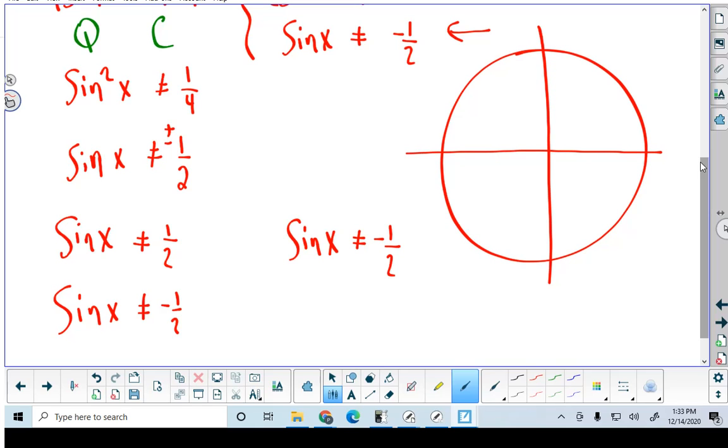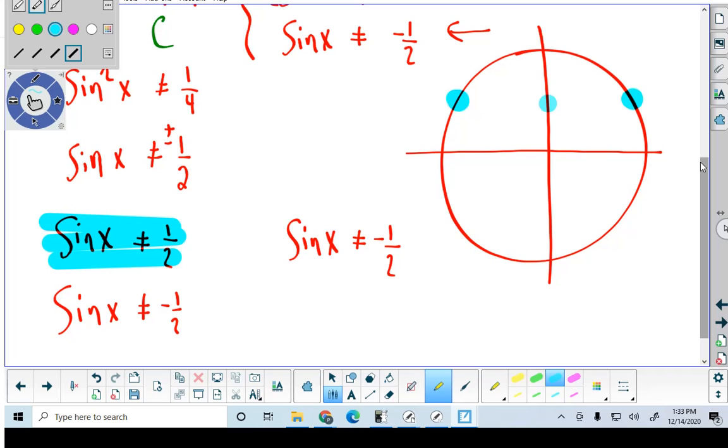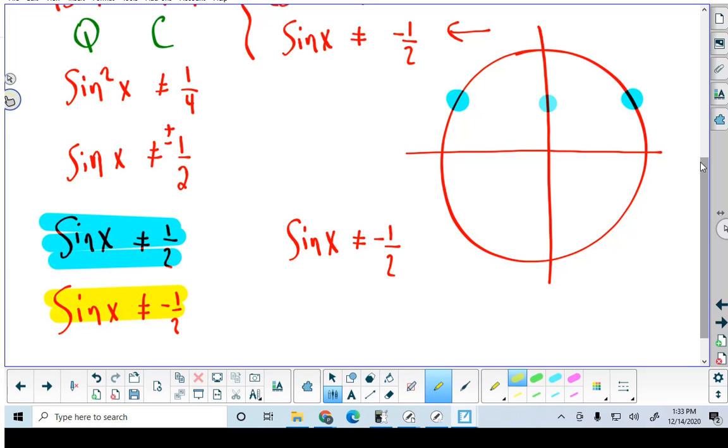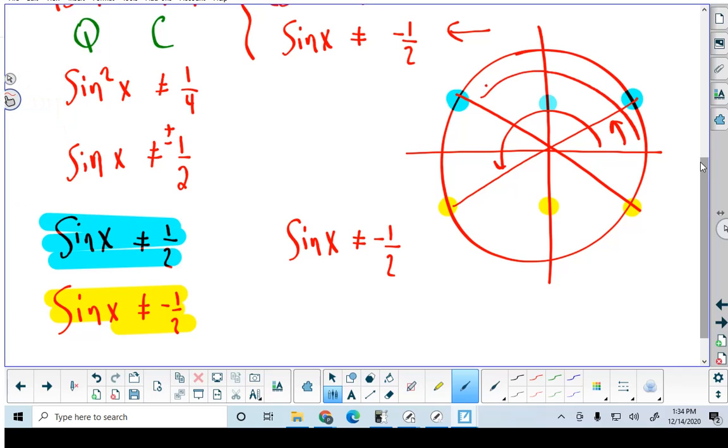Where is sine equal to positive 1/2? Well, here's 1/2, so here and here. Where is sine of x equal to -1/2? Here's -1/2 for sine, so here and here, which means we have this rotation angle and this rotation angle, and it's going to get messy, this rotation angle and this rotation angle.